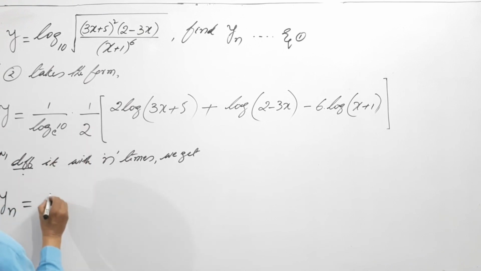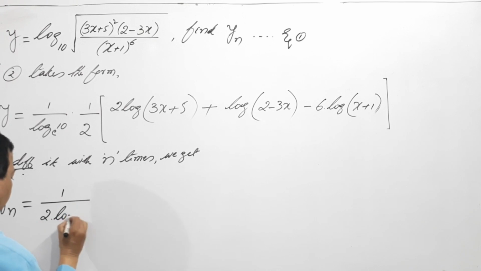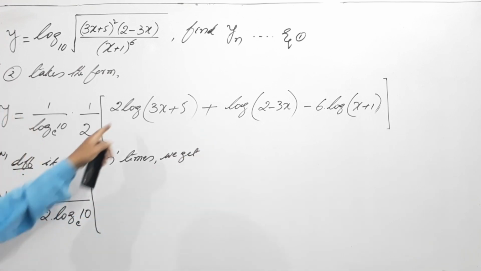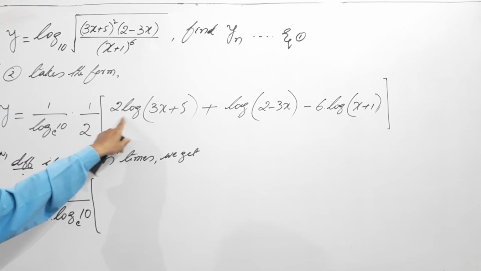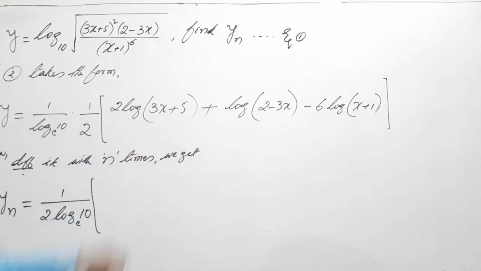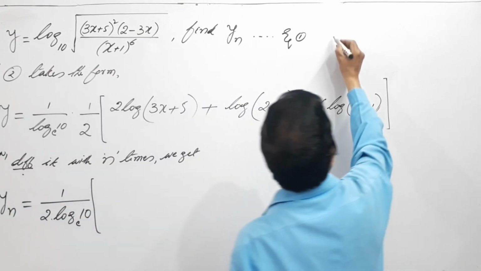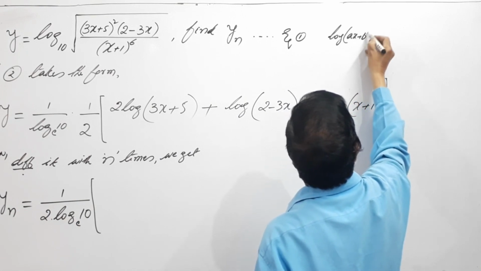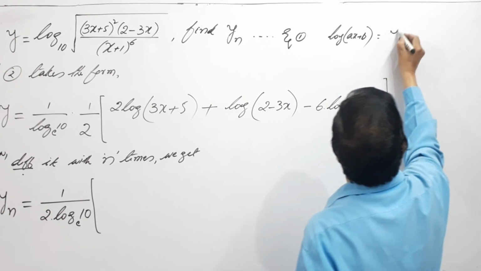I rewrite this: 1 by 2 into log 10 to base e equals, we are going to use the nth derivative of log of ax plus b. What is that? Log of ax plus b, its nth derivative yn equals what?